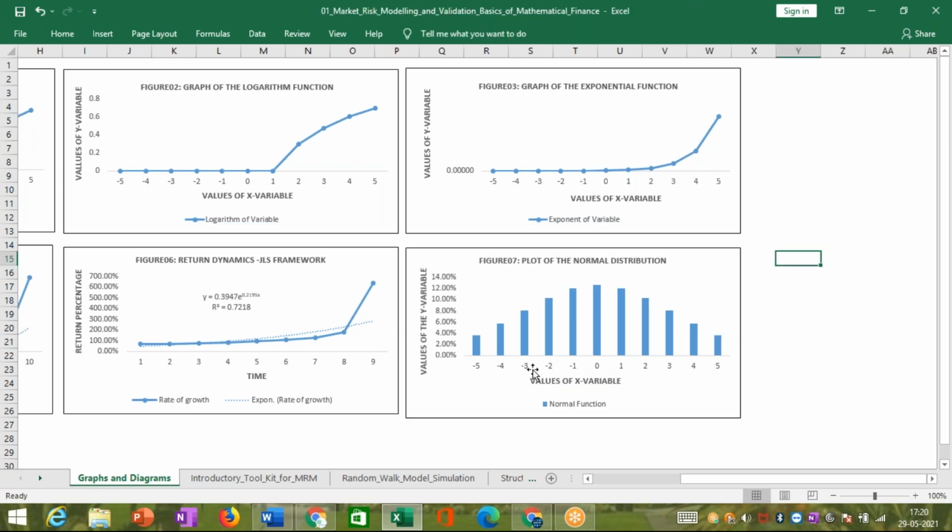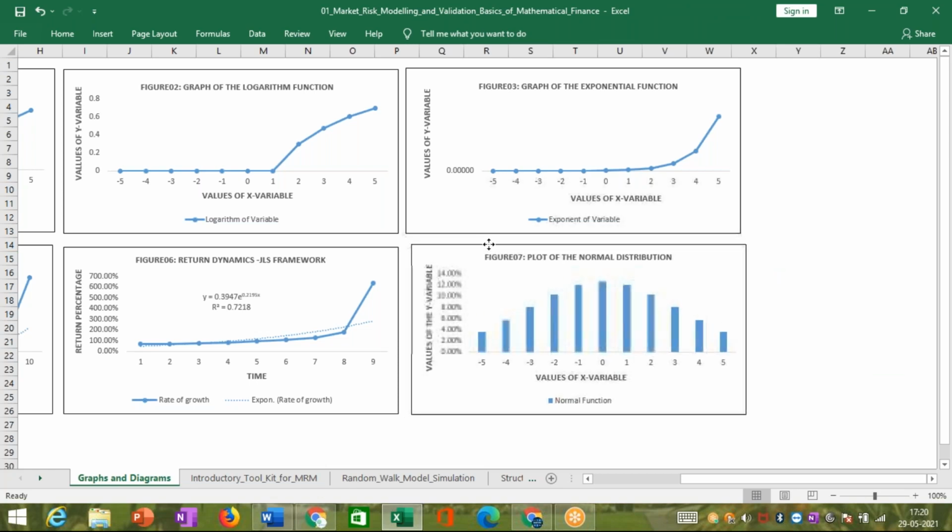So this is how your normal plot would look.